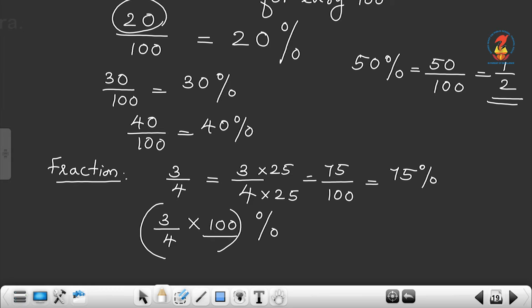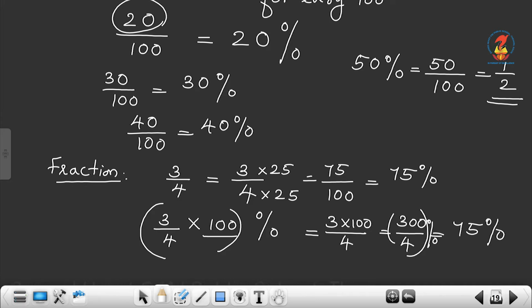So 3 by 4 into 100 means 3 into 100 divided by 4. So that is 300 divided by 4. What is 300 by 4? 300 by 4 is 75, and we attach the percentage symbol. So we will get 75%.